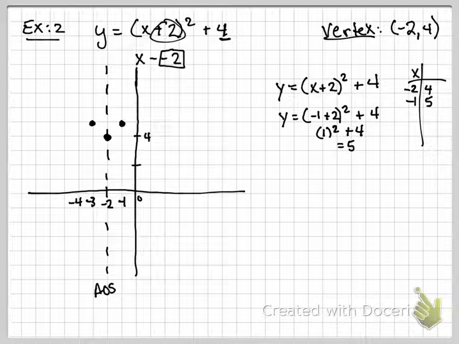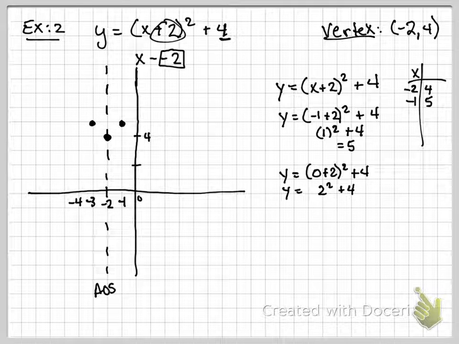And then finally, let's plug in 0. So (0 plus 2) squared plus 4. And what do we notice? That's 2 squared plus 4, so 4 plus 4, and that gives me 8. So at 0, we're at 8. So at the point (0, 8), that is my y-intercept.